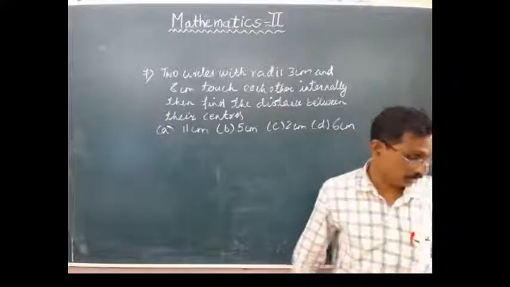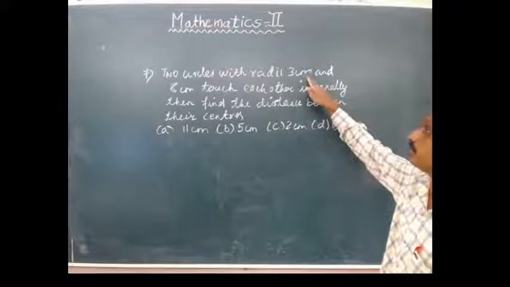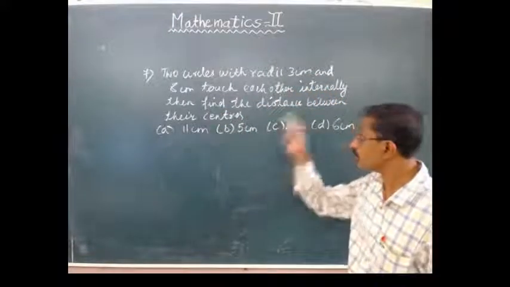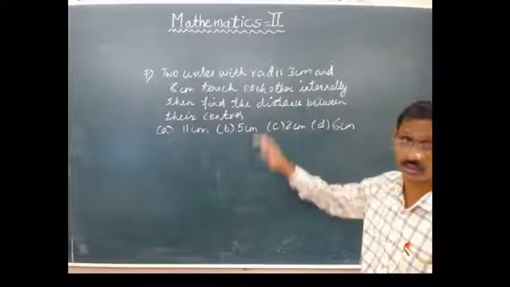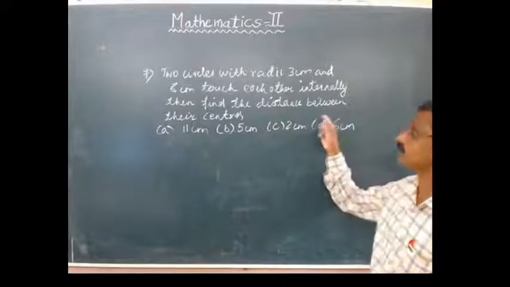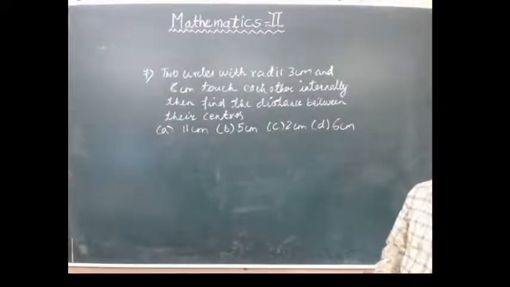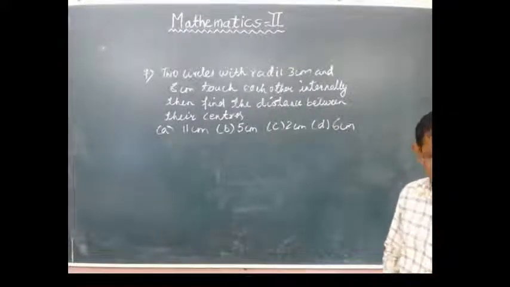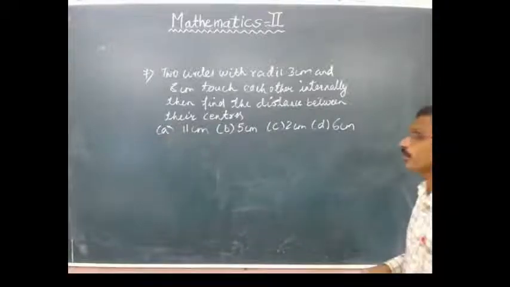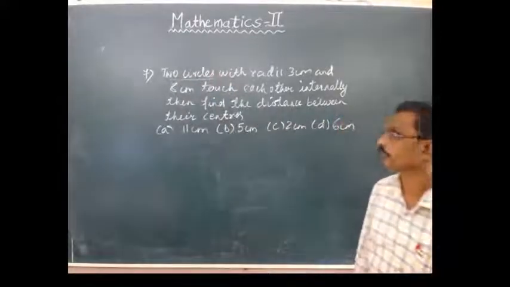Read the question properly. Two circles with radii 3 centimeter and 8 centimeter touch each other internally. Then find the distance between their centers. To find the distance between their centers, what is the hint given to us? How many circles? We have got 2 circles.